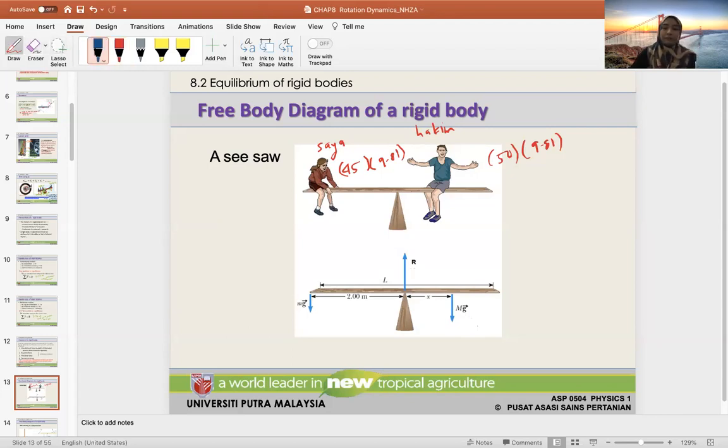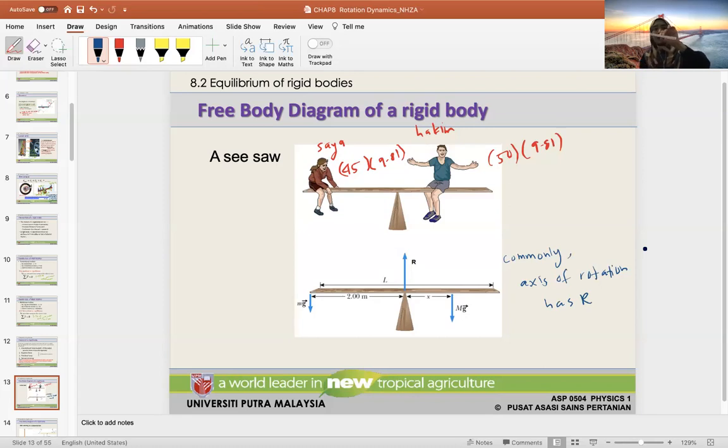And commonly, the axis of rotation has R. Sebab dia mesti akan bersentuh dengan something to give it that rotation. Okay, so let's say I have a beam. Kalau saya terapung ke udara, how do I have the axis of rotation? Memang tak boleh lah. But if I paksikan kat sini, then yes, I can have rotation.